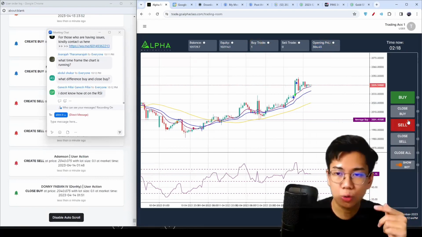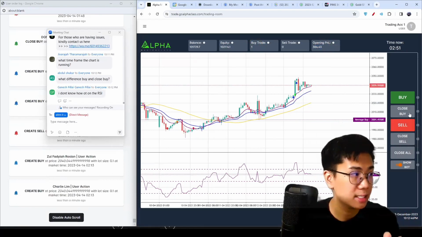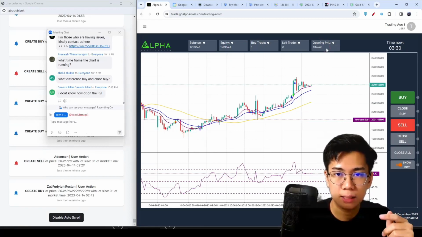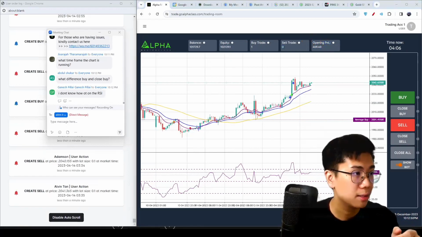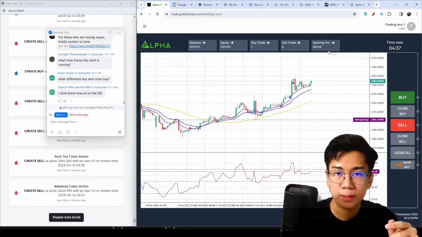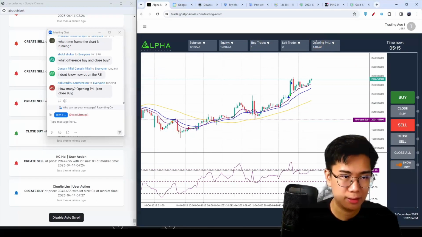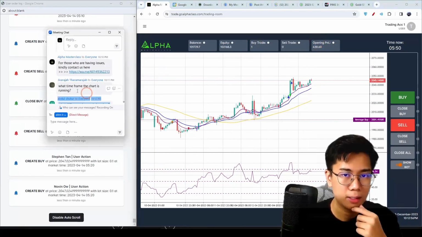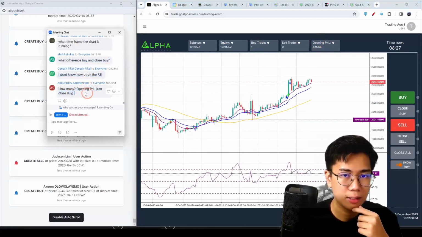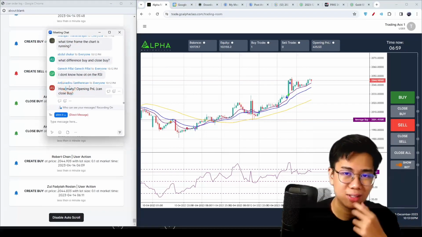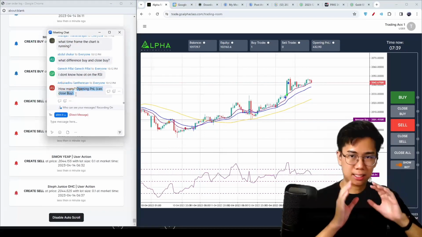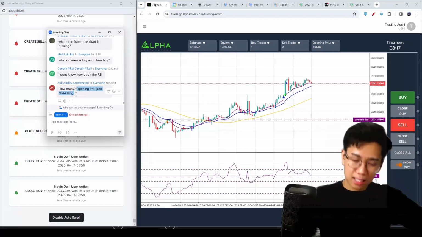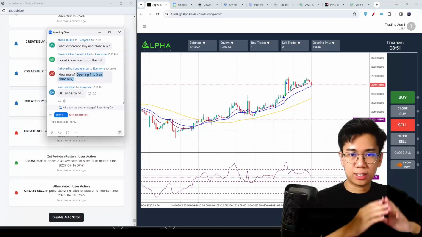When I click close buy, it means I take the profit. How much? These are the things you have to test, like size. I test: close at $100, can or not?